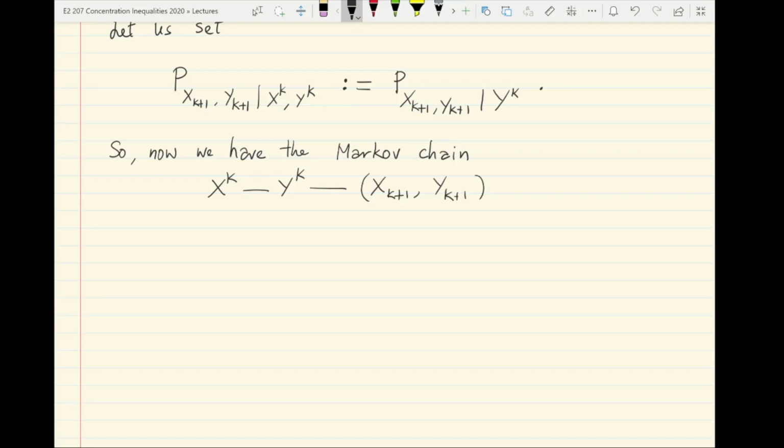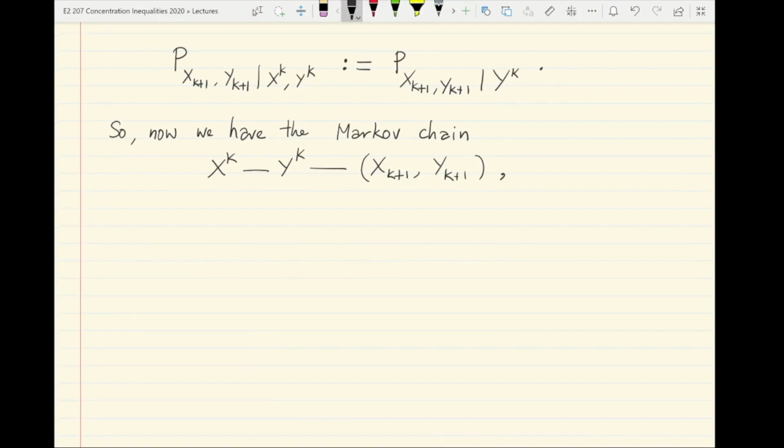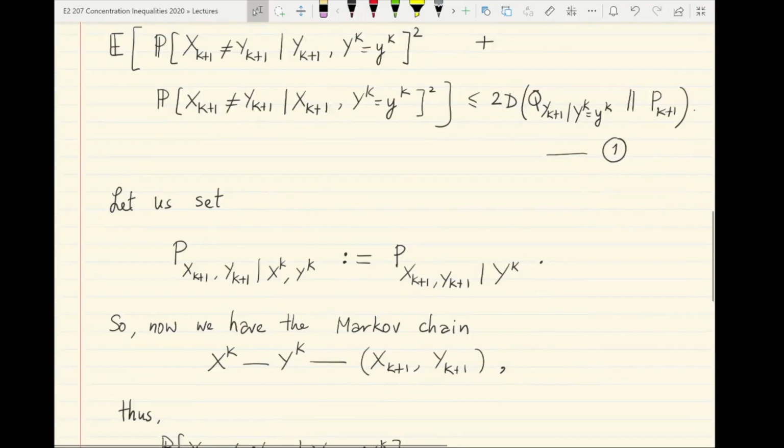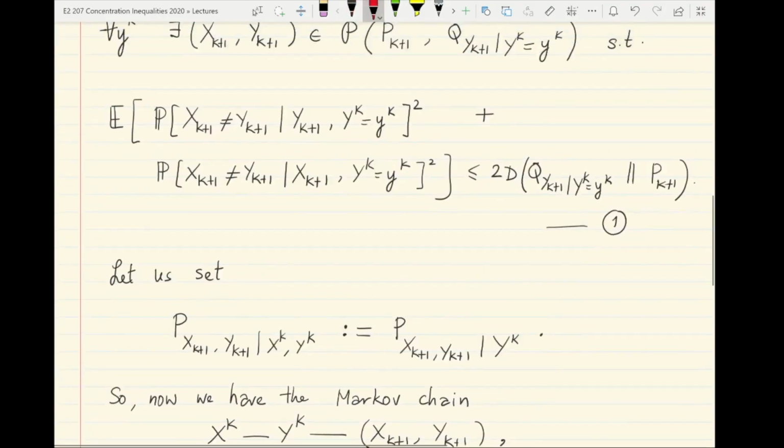And as a consequence of this, we can write that the probability xk plus 1 not equal to yk plus 1 given xk plus 1 and yk. Recall that this is just this term here, this term is being analyzed.